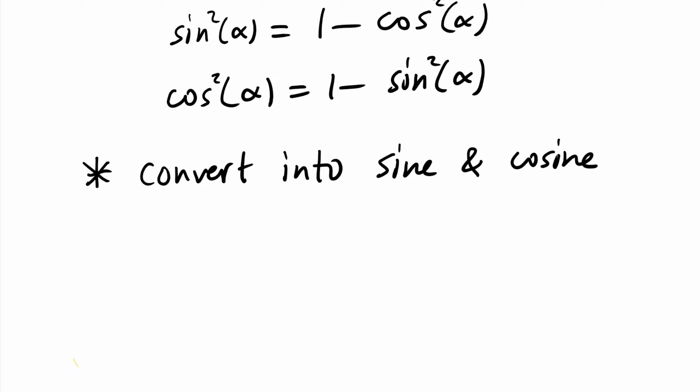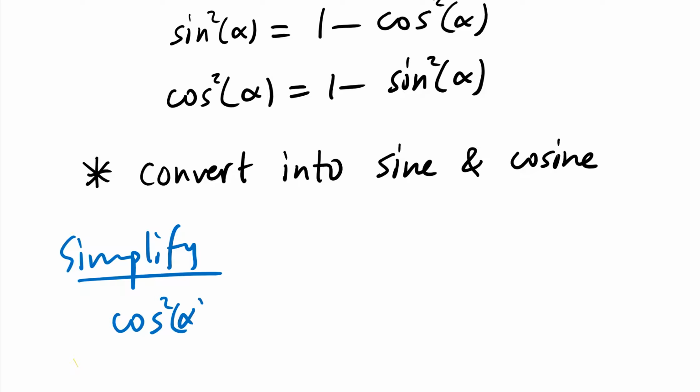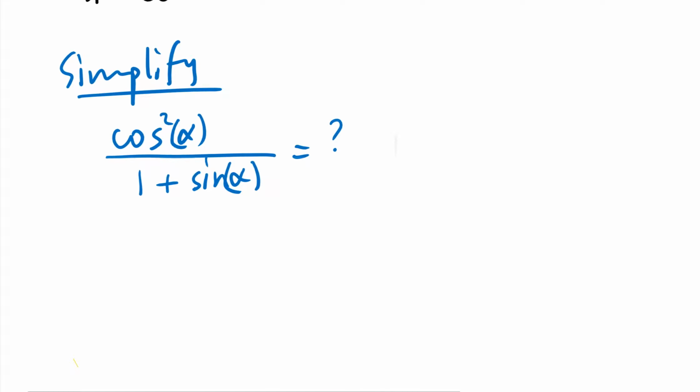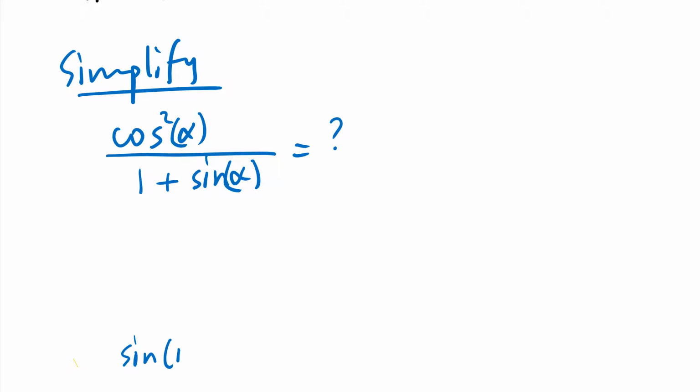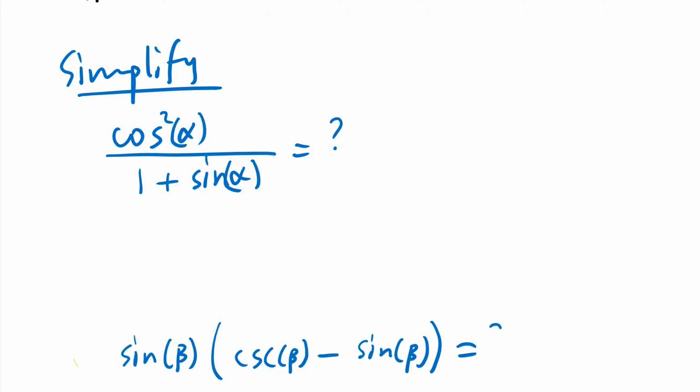So if I ask you to simplify cosine squared alpha over 1 plus sine alpha, how would we do something like this? Or something like this.